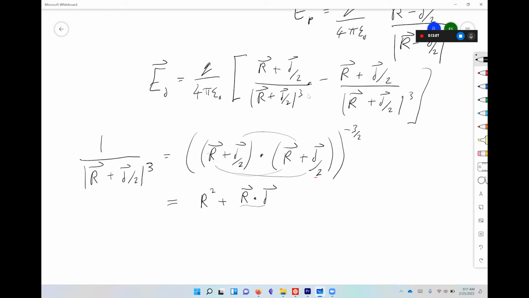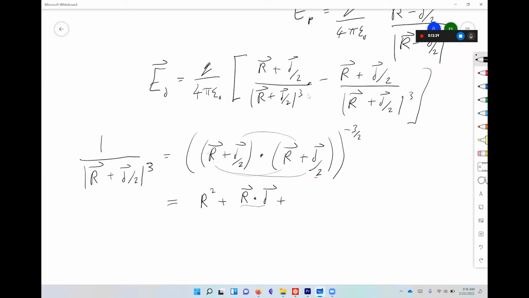And this is an important term because it relates d, the displacement of the dipole, the directionality of the dipole, with the direction of the point in space. So the relationship between them should affect what the field looks like. Even though we're so far away from the dipole that the two charges are close to each other, the orientation of the dipole is still important. It still affects the field even far away. So R dot d is important.